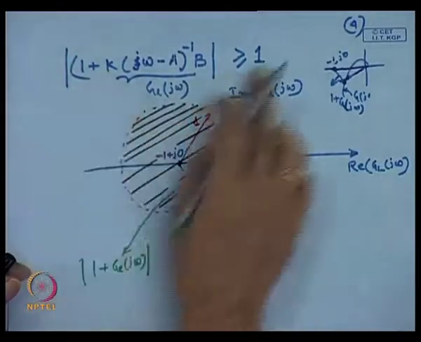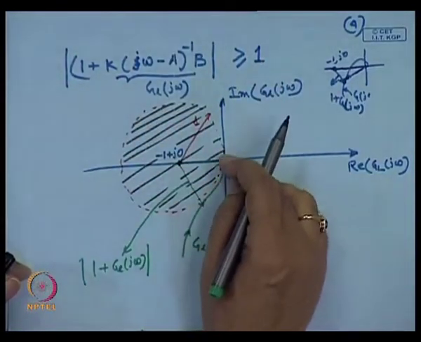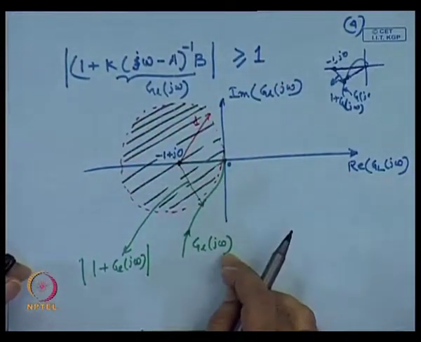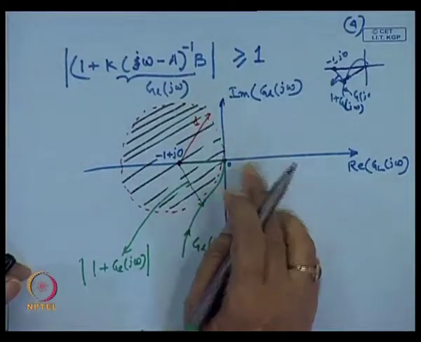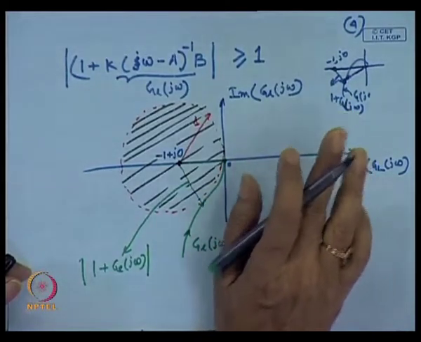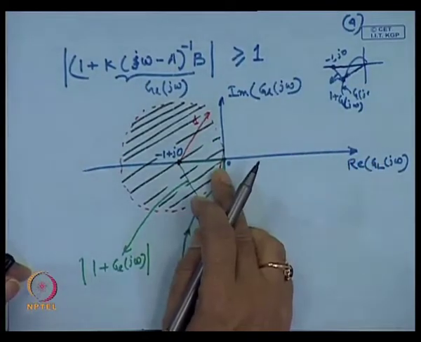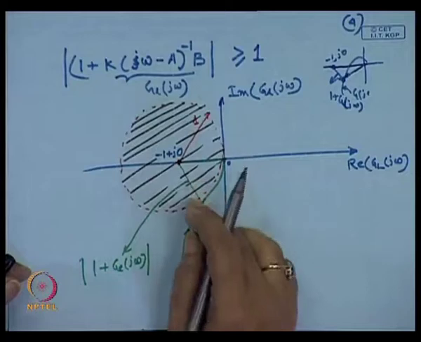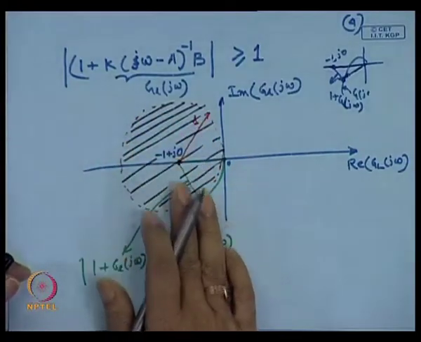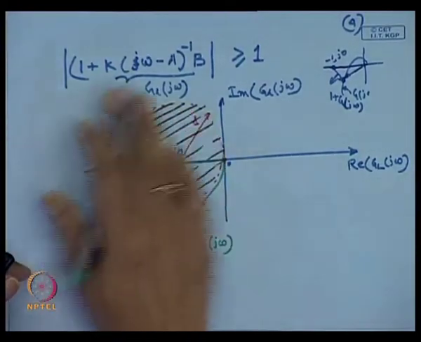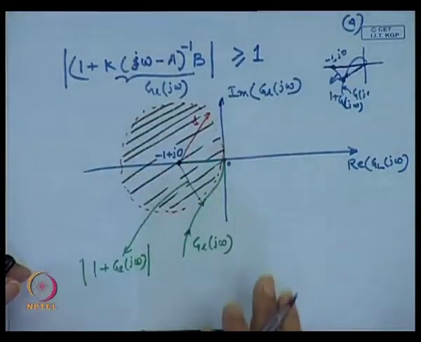In order to satisfy this condition, this curve G_L(jω), that means the loop transfer function of the system when we have used the LQR controller, should not cross the unit circle. In other words, it will not enter the shaded portions anywhere, agree?